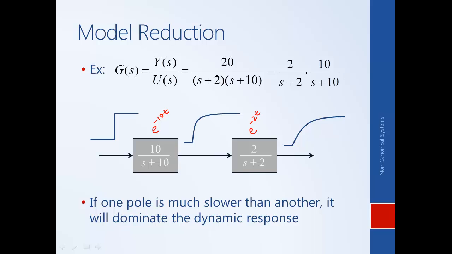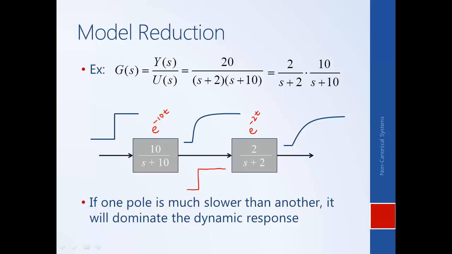So for example, if we took this slower term and we fed it a straight step, the output would look almost exactly the same. This response is so fast compared to this response that it almost appears as if it were a regular step.